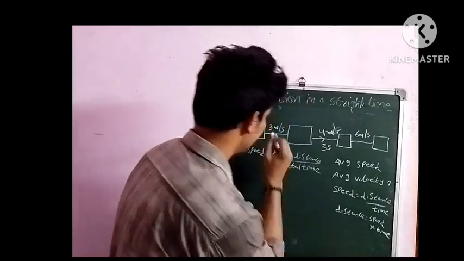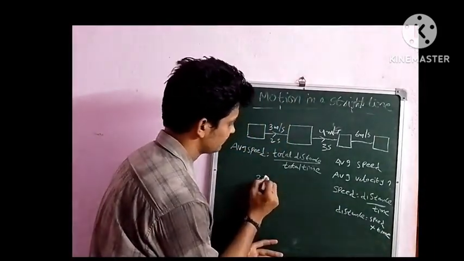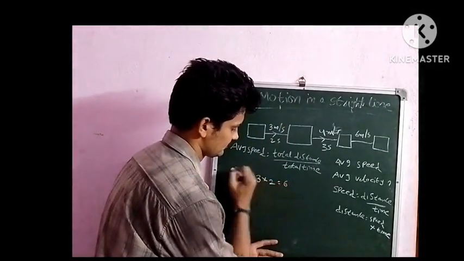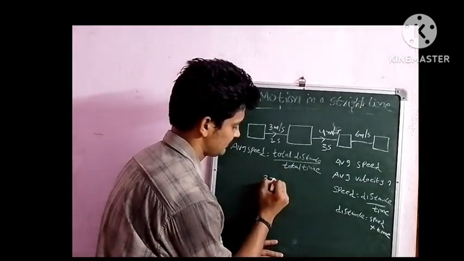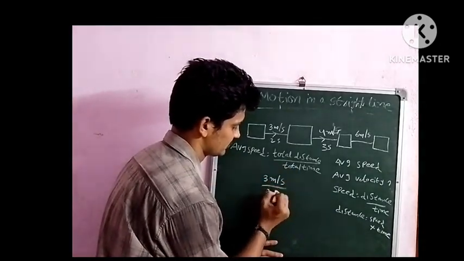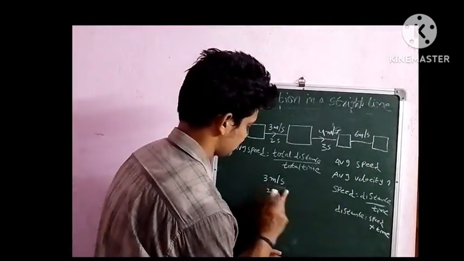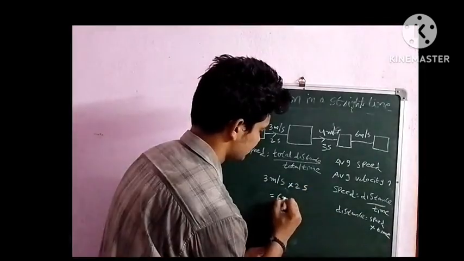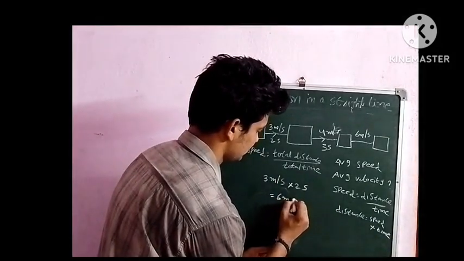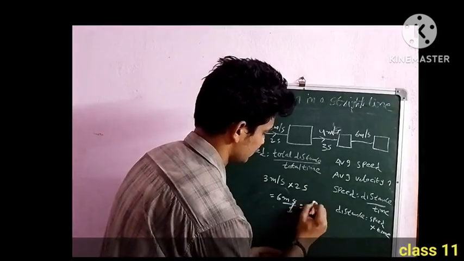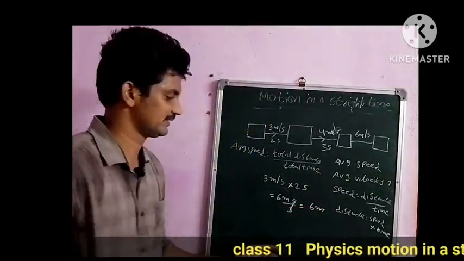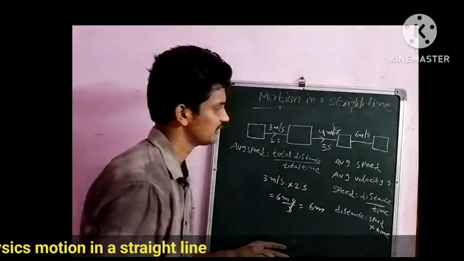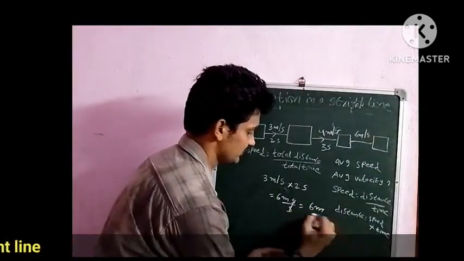Speed 3 meters per second into 2 seconds, totally 6 meters. Totally distance is 6 meters. Next 4 into 3, 12 meters.